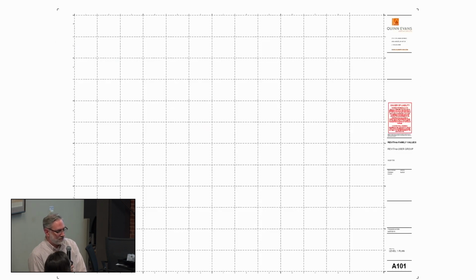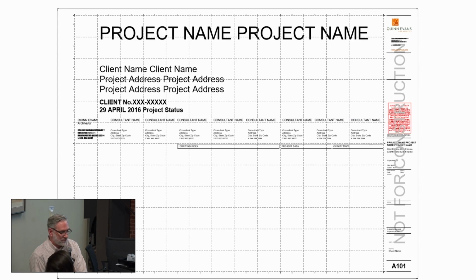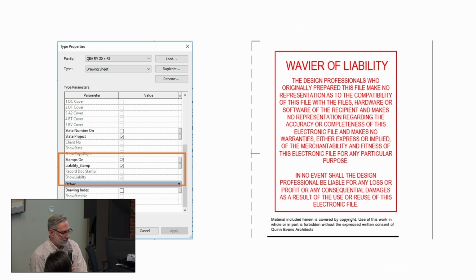Another example of how all of this works together is some cases we're going to need a stamp. In this case we have 2, a waiver of liability and a drawing record, and you can see those in red. And this is what the project view looks like. Again, within the family you can see the big red blocks over in the title block side.